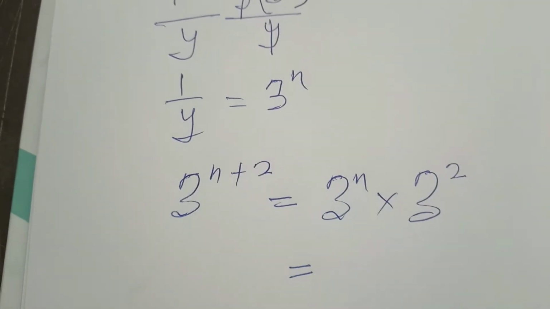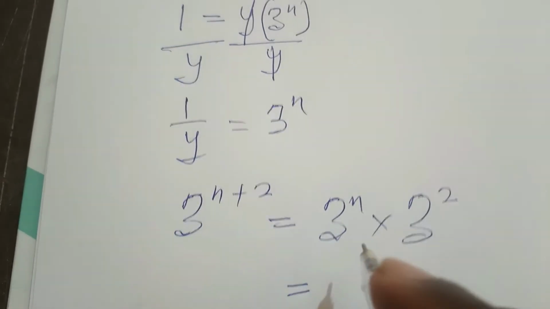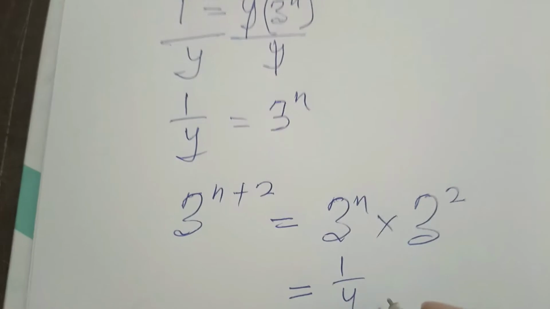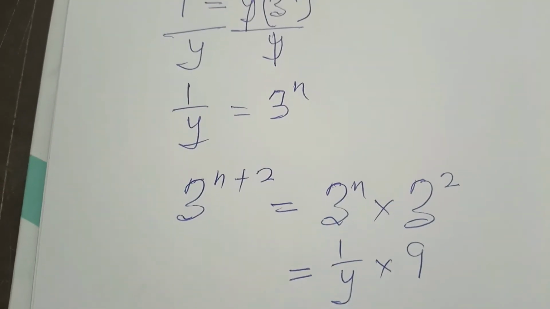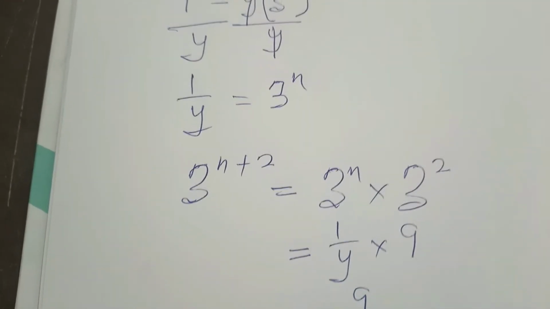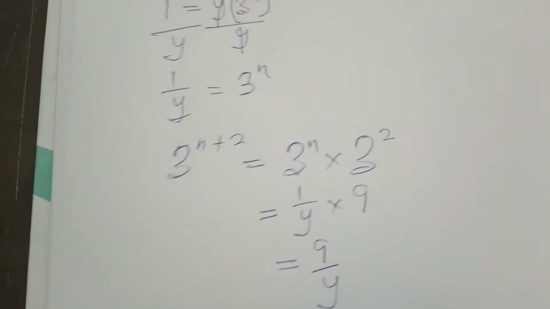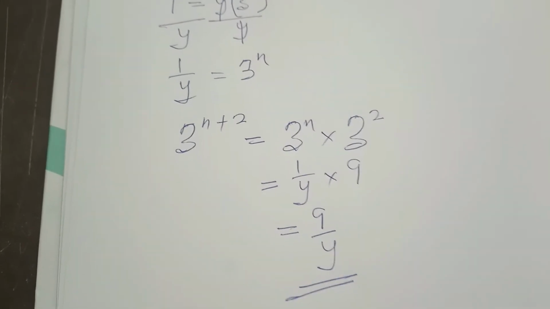So that will simply mean wherever we see 3 exponent n, we fix in 1 over y. So this is 1 over y times 9, and our answer will be 9 over y. So that is just our answer for question 1, 9 over y.